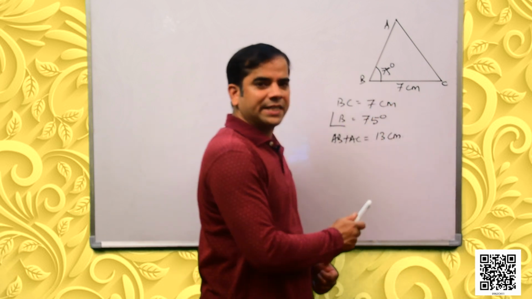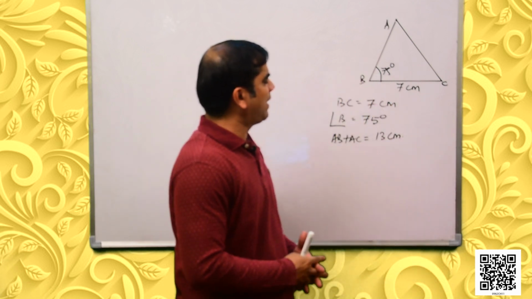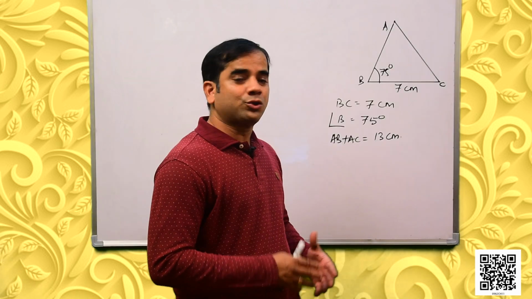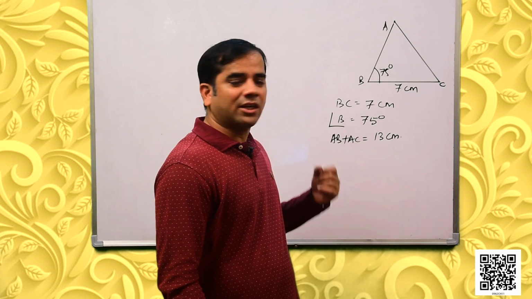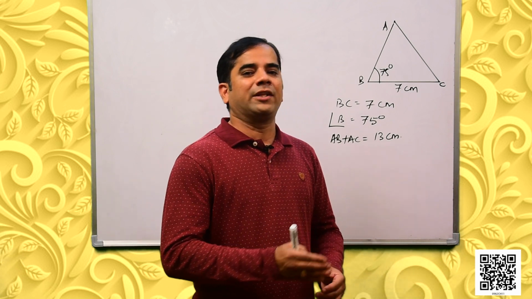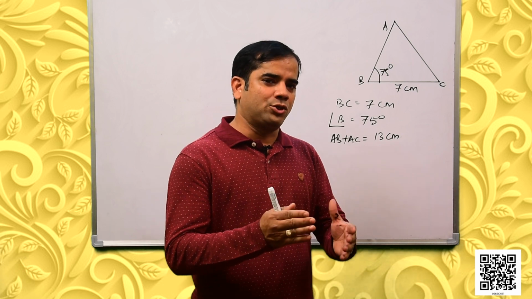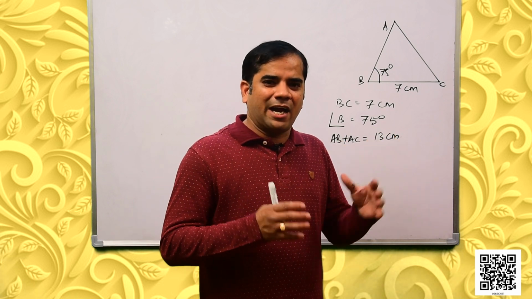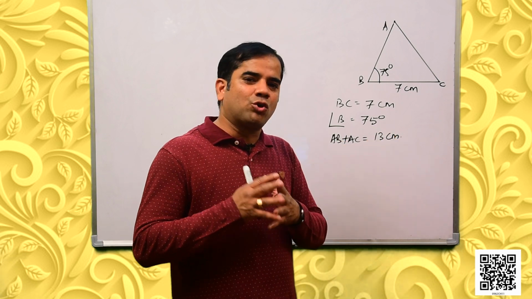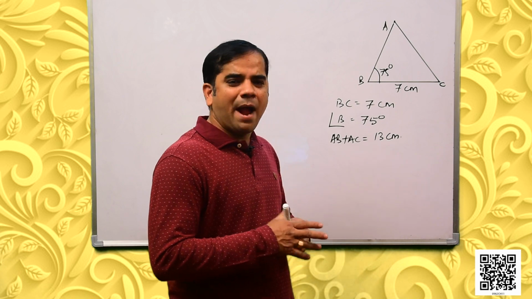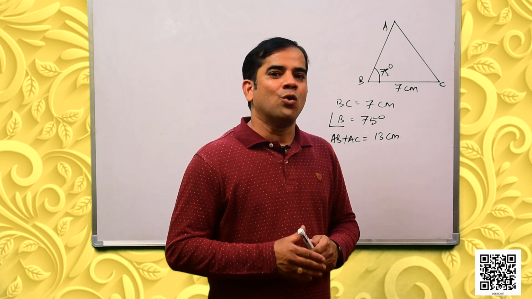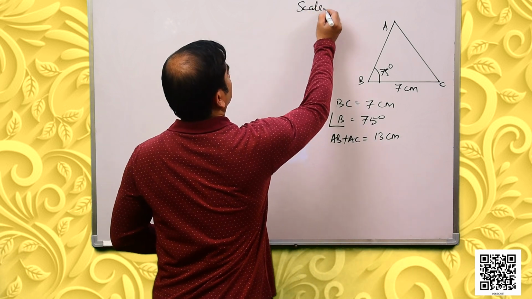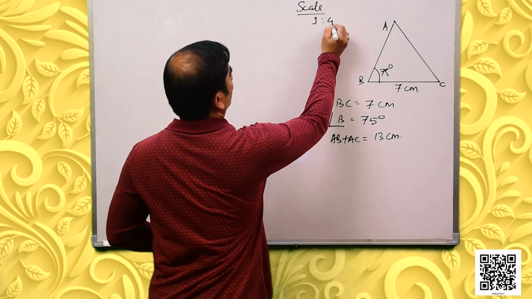As per the given data, I have drawn a rough diagram of triangle ABC in which base BC is equal to 7 cm, angle B is 75 degrees and AB plus AC is equal to 13 centimeters. The data is very small for this whiteboard, so I am going to magnify the diagram with a scale of 1:4.